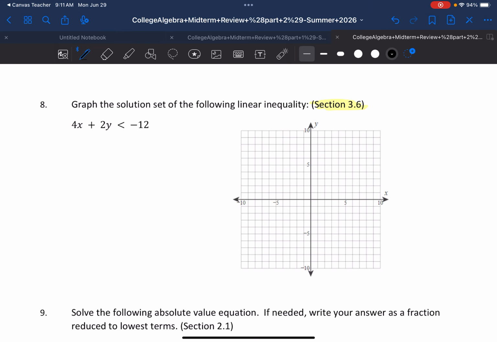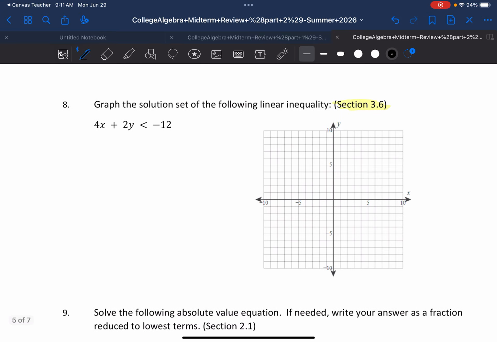So a little different than equations. So it wants me to graph the solution set of the following linear inequality. So we can graph this line starting as normal, like we would a regular line. So first step to graphing a linear inequality is to find 2 points or graph it using the slope-intercept form.